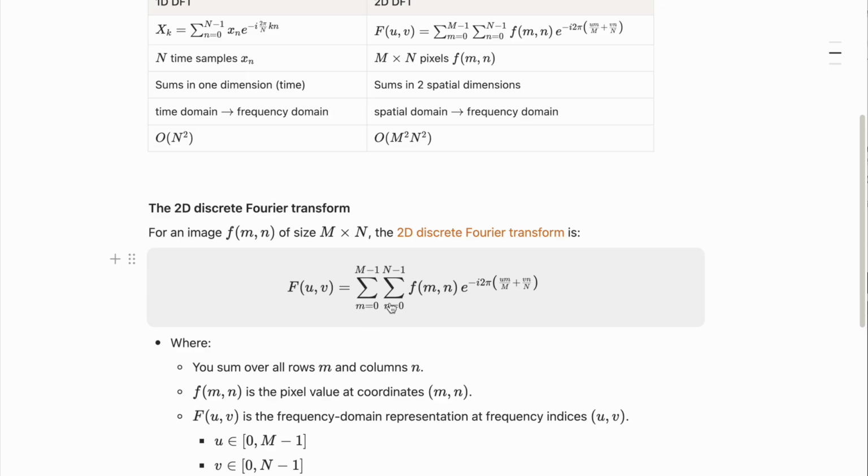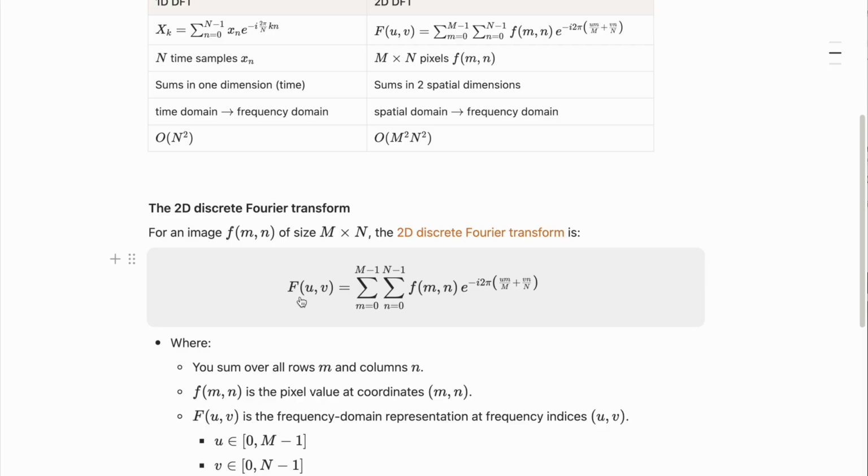Again, we have two sums because we're summing over all rows and all columns to retrieve each pixel's value and multiply the pixel value by this exponential function, just like we did in the 1D Fourier transform when we multiplied the sample value by an exponential function.